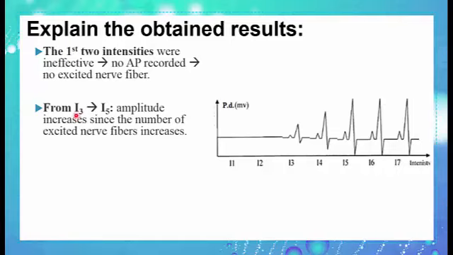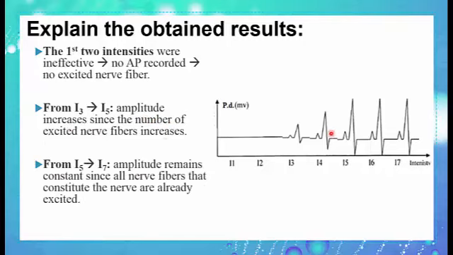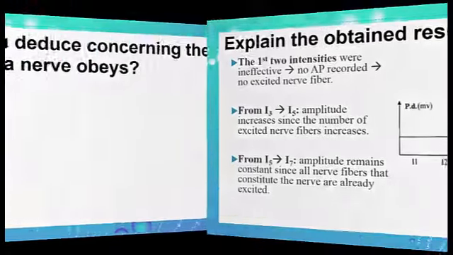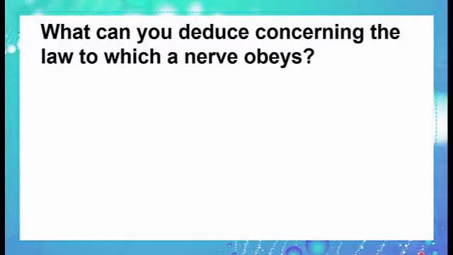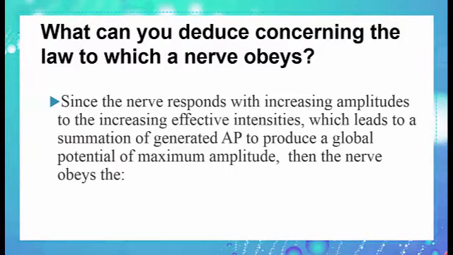I will repeat. From I3 till I5, the amplitude increases since the number of excited nerve fibers increases, while from I5 till I7, the amplitude remains constant since all nerve fibers that constitute this nerve are already excited. Now we have to deduce the law to which a nerve obeys.